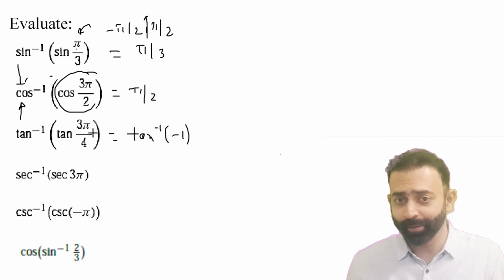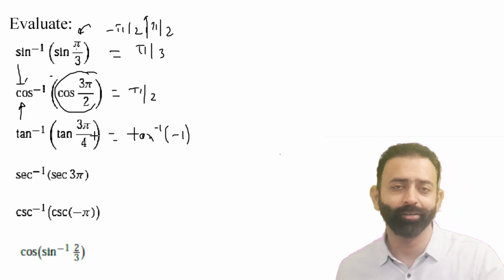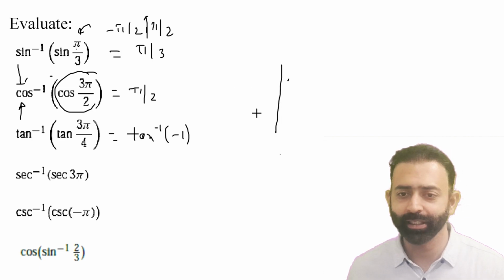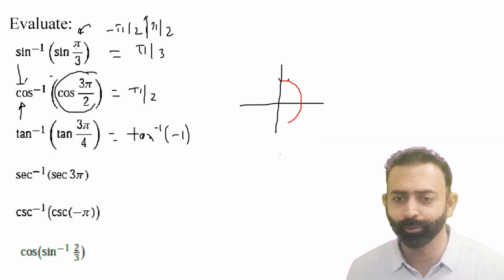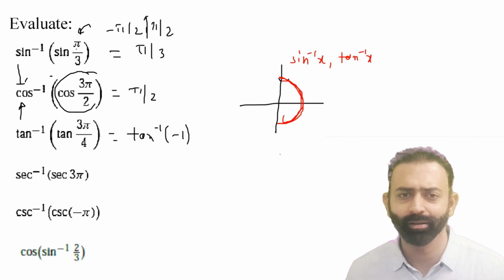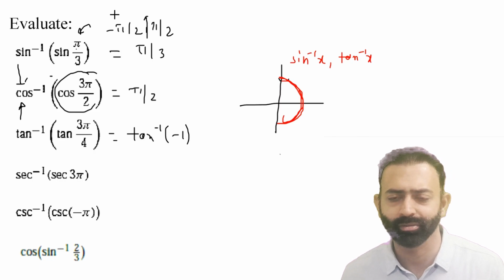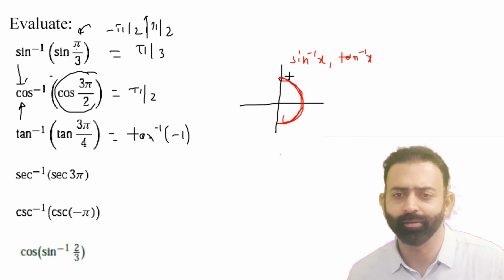If you write 3π/4 in the second quadrant, that will lie outside the domain. So basically the range for tan inverse x is in the first and fourth quadrant, like this. This is the range for sine inverse and tan inverse.